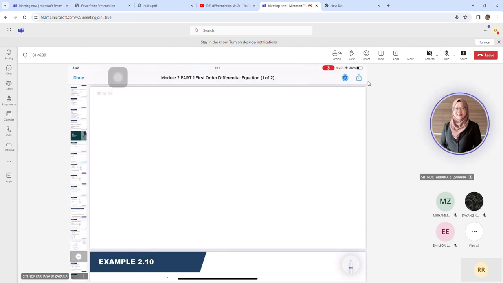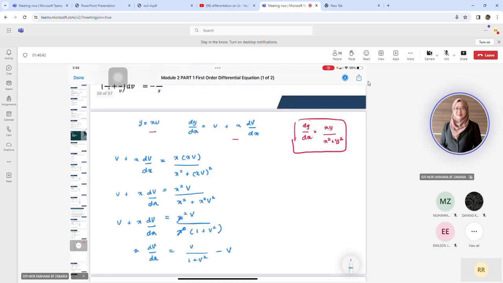Okay. And then simplifiedkan dia atau solvekan equation tu sebab dia tak lagi separate. So kita multiply atau kita bawa yang di bawah ni ke atas. So you can times here.